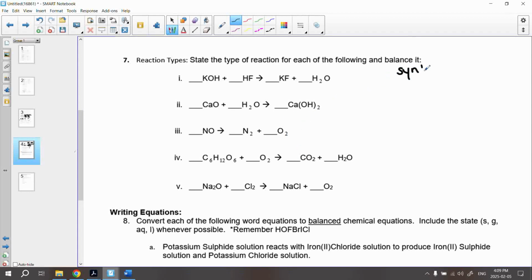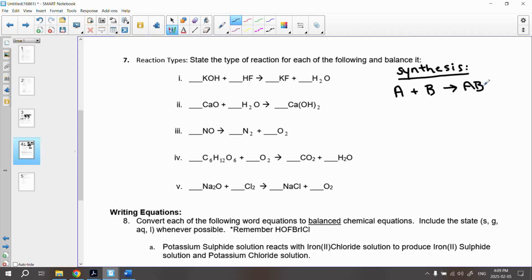So the first type of reaction we looked at in grade 10 is called a synthesis reaction. Synthesizing something means to create something. So a synthesis reaction follows the formula A plus B produces AB. So the idea is that you take two simpler elements or two simpler compounds and they combine to make one product.